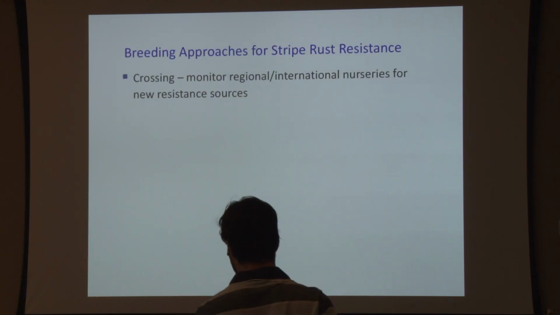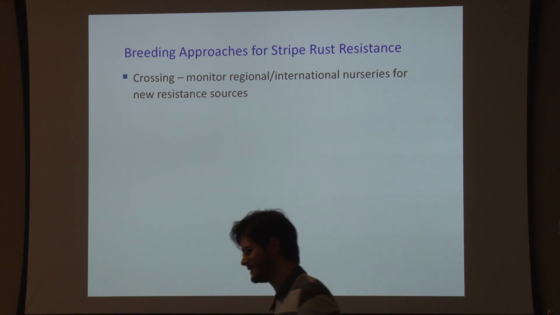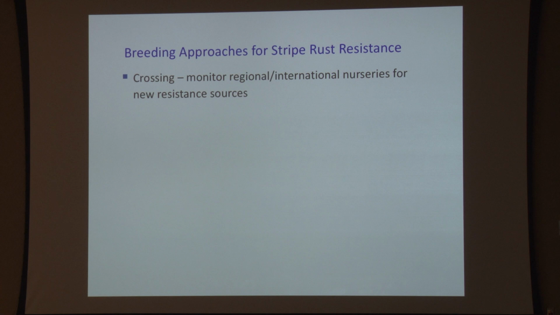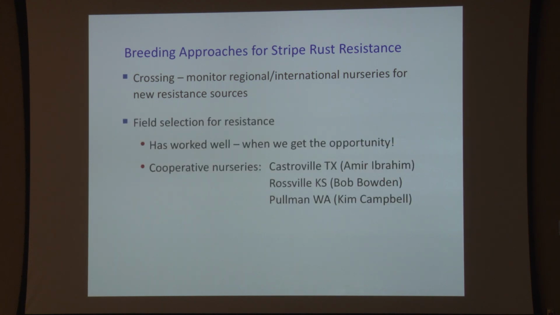To deal with that, let me first say the breeding approaches start with the crossing. Scott monitors closely regional and international nurseries for new sources of resistance, and then field selection. It has worked well here when the opportunity arises, but as I've shown, it doesn't always arise.